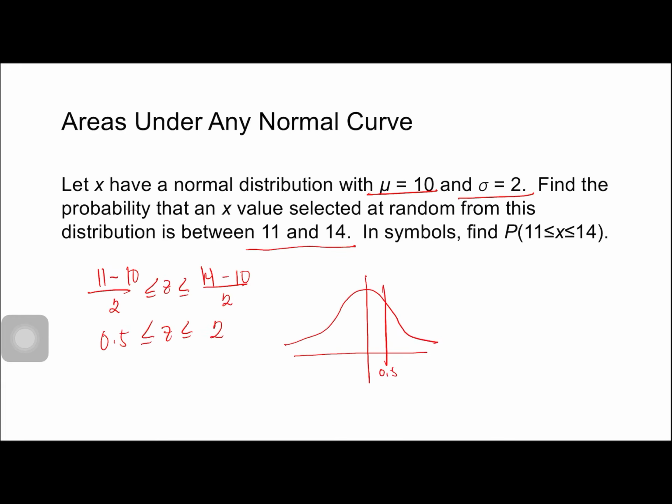We have there, okay, where is 0.5 and where is 2? So here, we have here our 0.5 and our 2. Okay, so we need to find this area. So that would be, first, find the Q of 2, then subtract the Q of 0.5. Okay, to find this area. So what is the Q of 2?